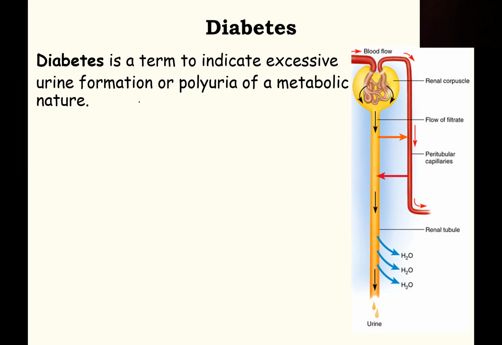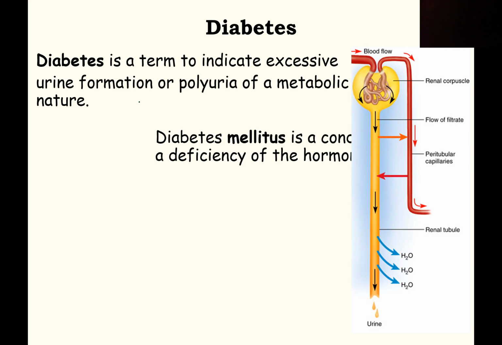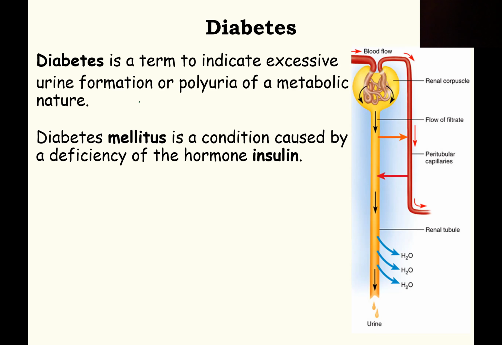The name and symptom is found in two different disease processes. And each disease process is associated with a different hormone that you have too much of, or deficiency. Sorry, not too much of, you're deficient in.